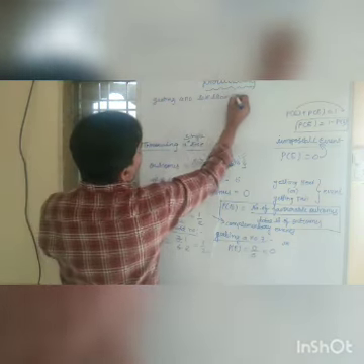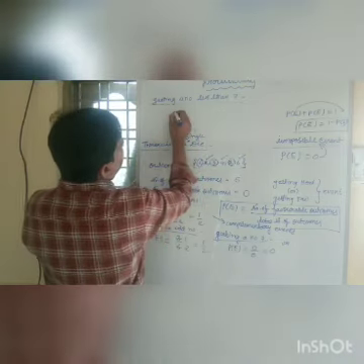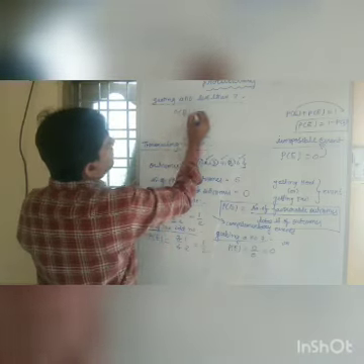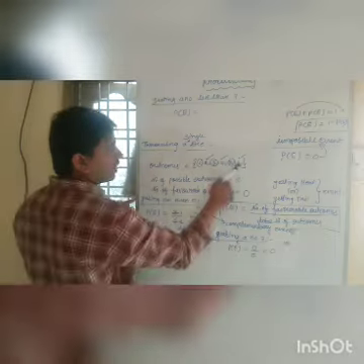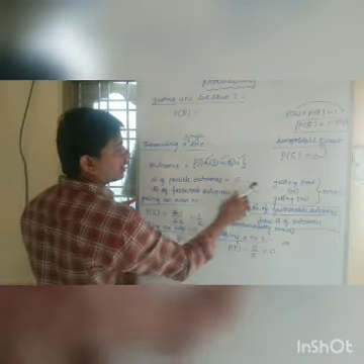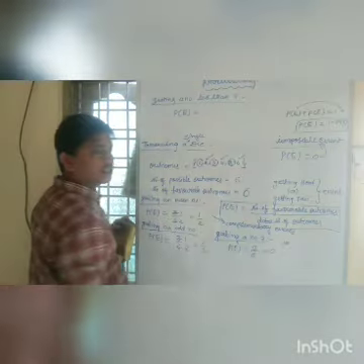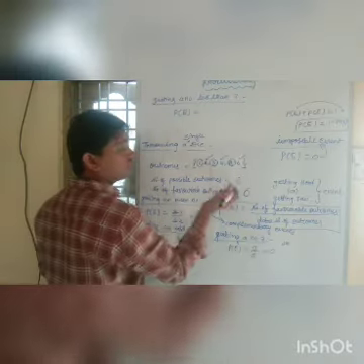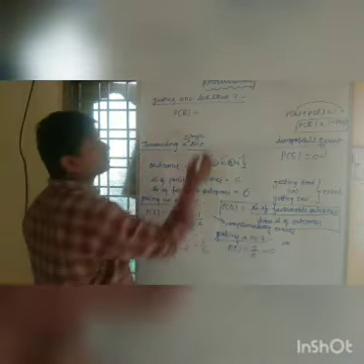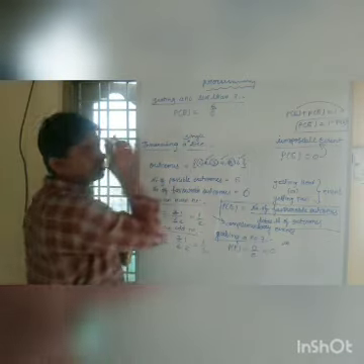This is our event. Less than 7, we have 1, 2, 3, 4, 5, 6. Number of favorable outcomes is 6 and number of total possible outcomes is also 6.